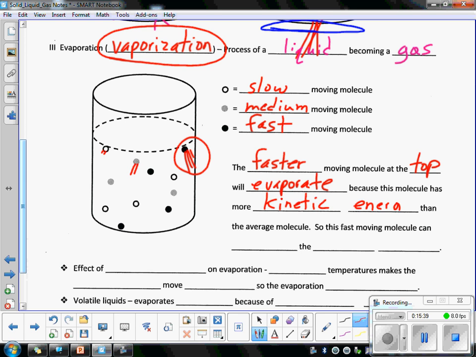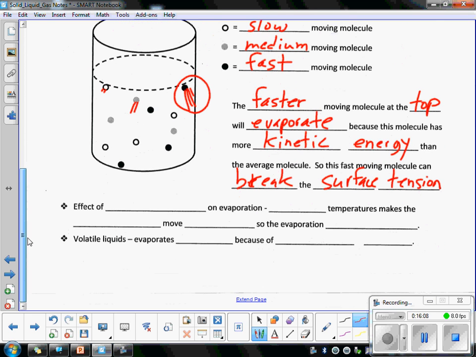And if you remember from your previous classes in junior high, kinetic energy is simply the energy of motion. If it has more energy, basically it's moving faster. And so it has more kinetic energy than the average molecule. So this fast moving molecule can, like I said earlier, break through that surface tension or that skin from the intermolecular forces and break free into a gas.